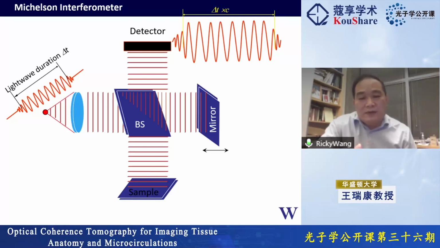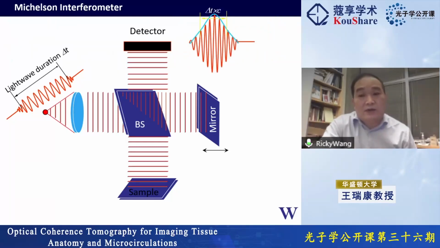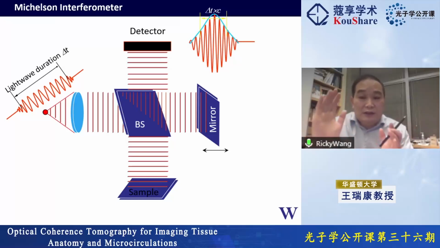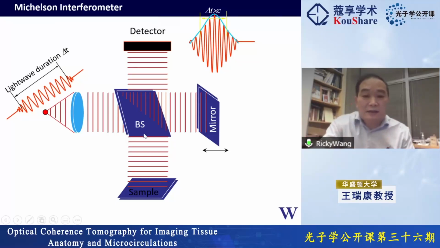Okay, so for example, I have set up this system already, and I matched the optical path length in the reference arm and also in the sample arm within a tolerance of 1 micron. And then you will see the interference at your detector. Of course, because in this case, you can see a very efficient signal mixing at the beam splitter, right?